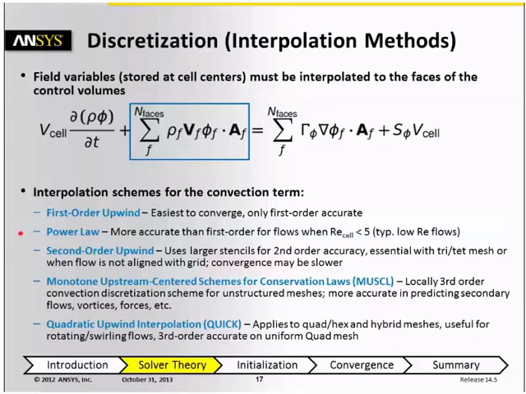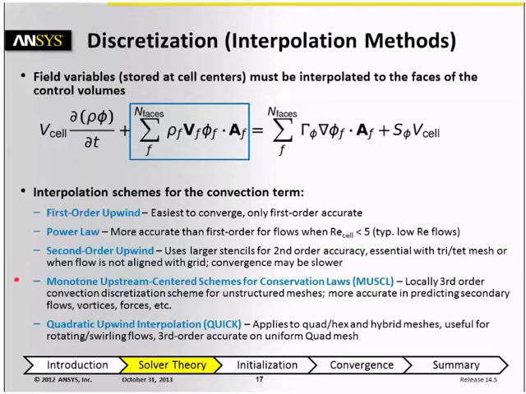The power law scheme, which is more accurate than the first order scheme for flows where you have very low Reynolds numbers. The second order scheme, which uses larger stencils for second order accuracy, and we'll explain more about that later. This scheme is essential to use if you have a triangular or tetrahedral mesh, or any time that the flow is not aligned with the grid. It's more accurate, but it may result in slower convergence for the solution.